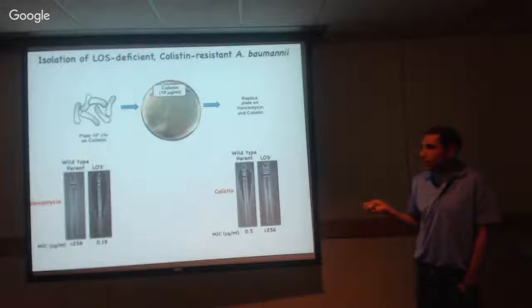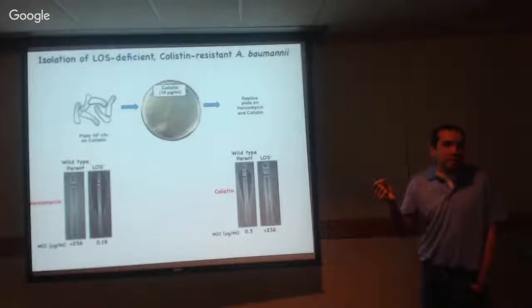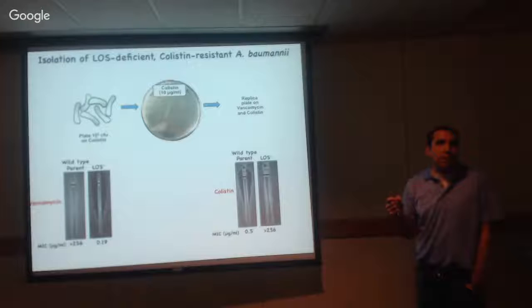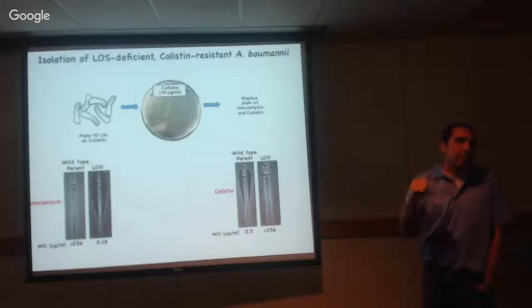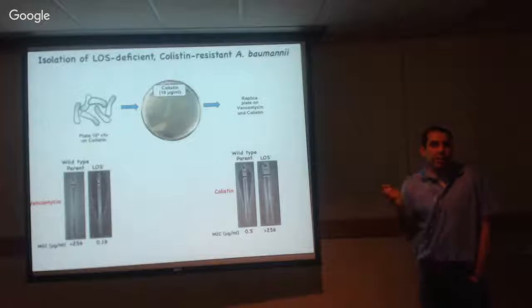This level of resistance gives you about 30 to 1,000 micrograms per mil. The other resistance mechanisms characterized in the literature give somewhere between 4 and 8. They modify the lipids on the outer membrane, but it doesn't induce vancomycin sensitivity. No, they're not sensitive to vancomycin.